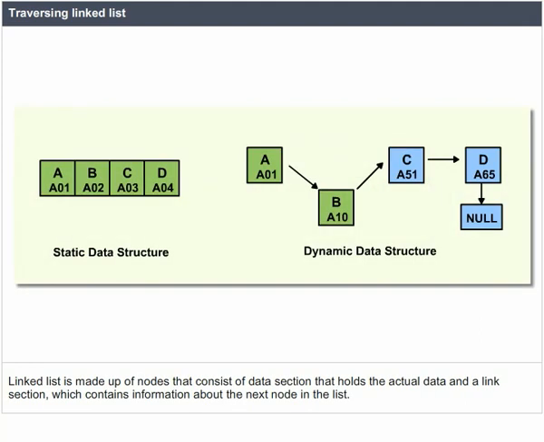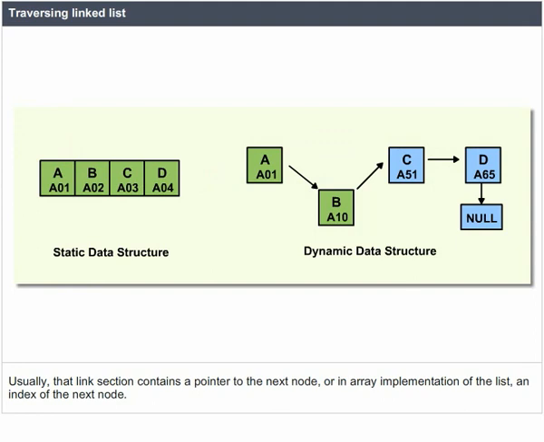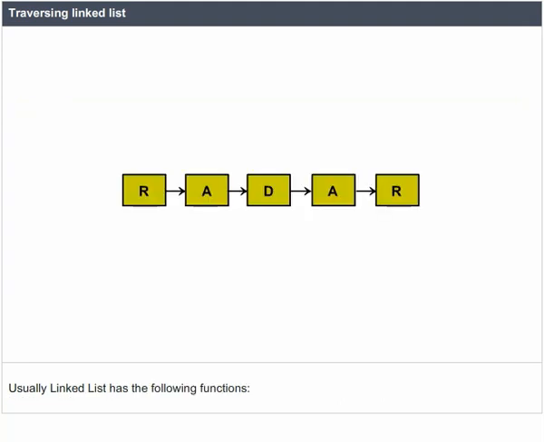A linked list is made up of nodes that consist of a data section that holds the actual data and a link section which contains information about the next node in the list. Usually, that link section contains a pointer to the next node, or, in an array implementation of the list, an index of the next node. Usually, a linked list has the following functions.